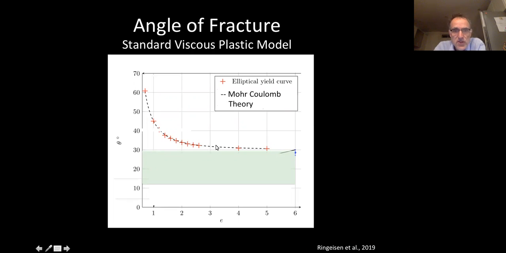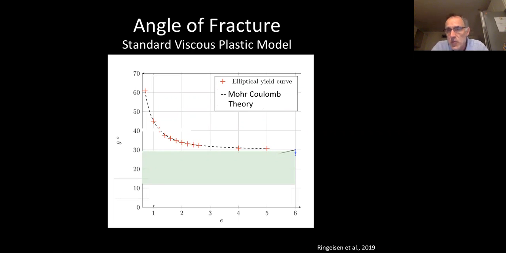And the simulation results for all elliptical yield curve aspect ratios are too large compared to observation. For the standard value of 2, it doesn't look too bad, but we need to remind ourselves that if we had confining pressure in this type of rheology, the intersection angle would increase and go further away from the observation.